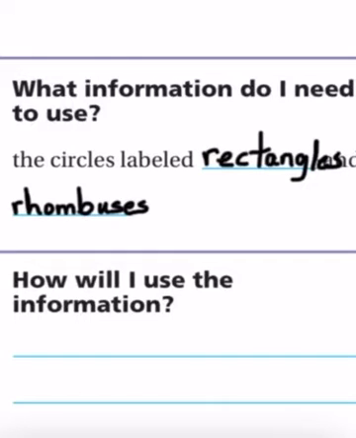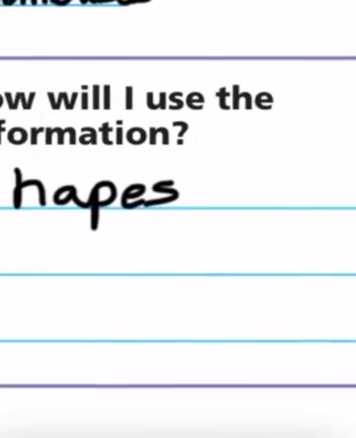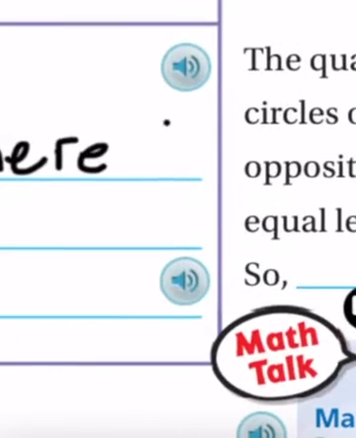And then how will I use the information? Well, we're looking at shapes. How would I say that? Shapes where the circles overlap.